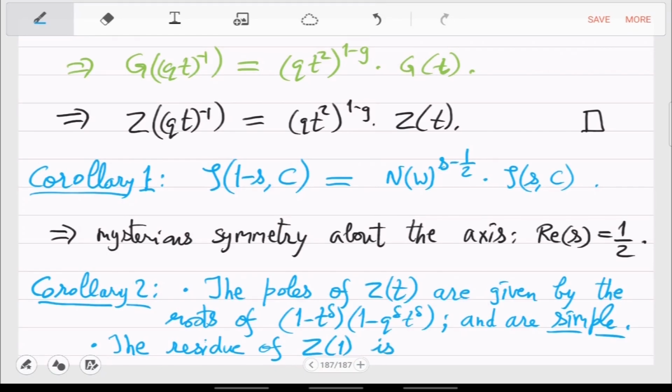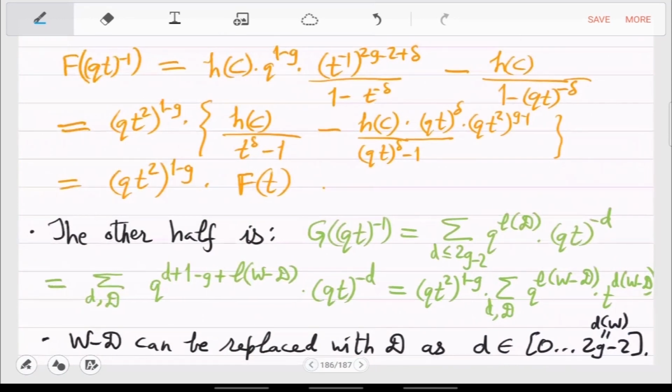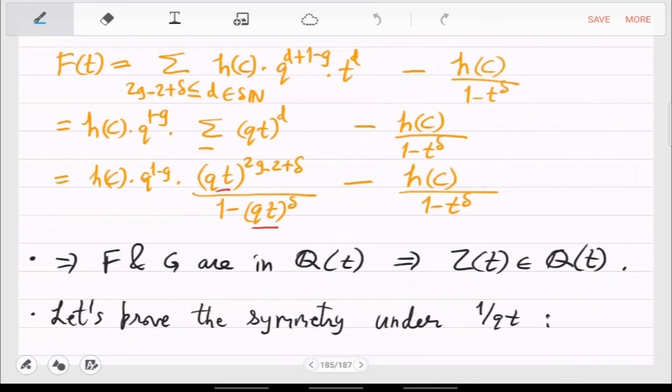This is the class number divided by delta, right? Because as t tends to 1, what you are getting is obviously hc, and then in the remaining thing the denominator has 1 plus t square dot t raised to delta minus 1, which evaluates to delta. So you get class number divided by delta.